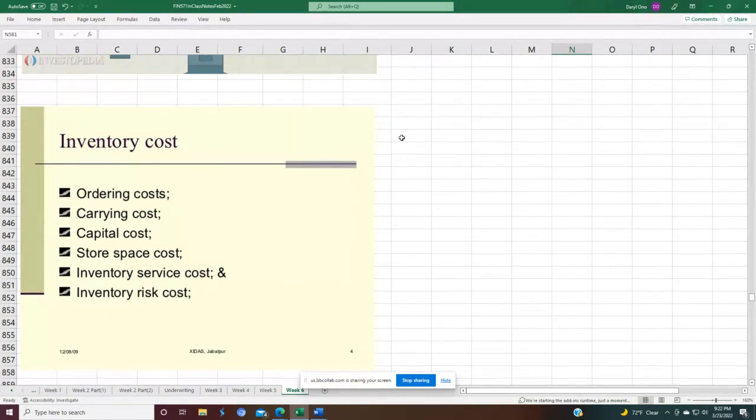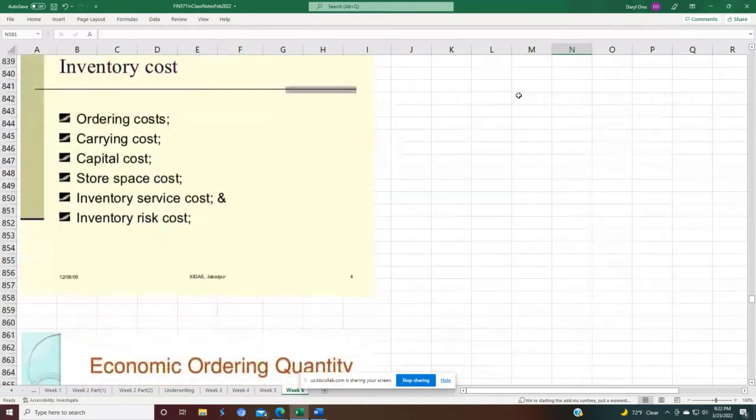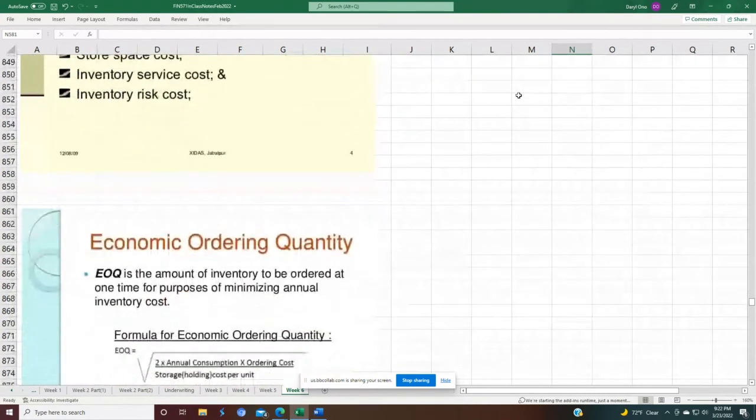In other words, you need the inventory, but for some reason, the inventory is not there. Bad, bad. So you want to make sure that you have enough inventory, because if you don't, what happens in many cases is that your production line gets stopped because they don't have the product.